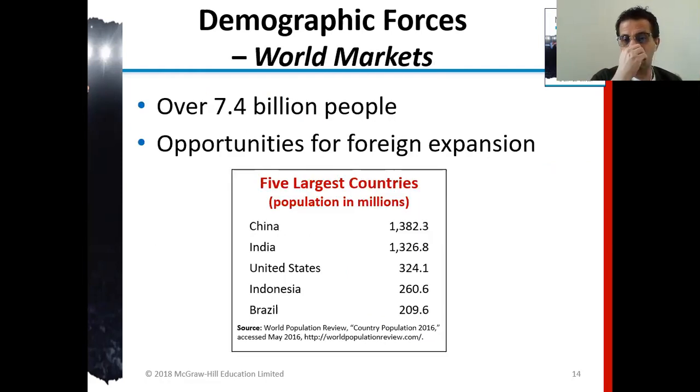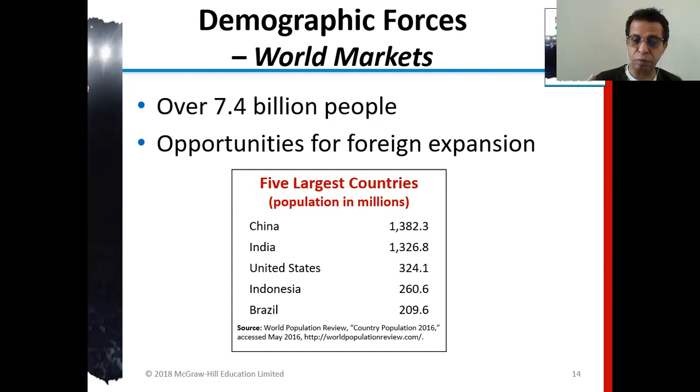Now, when we look at the macro level, we notice the world population growth, at 7.4 billion and moving up. Opportunities for foreign expansion are huge. The five largest countries are China, India, the United States third, then Indonesia and Brazil.